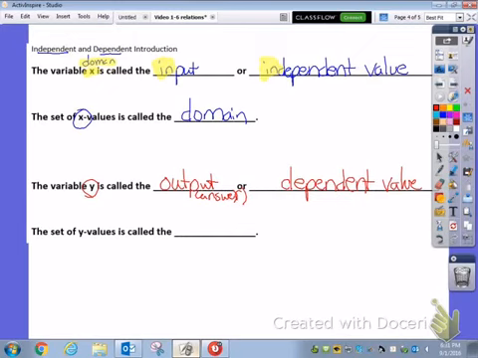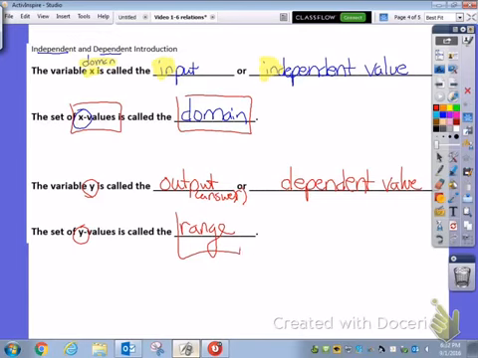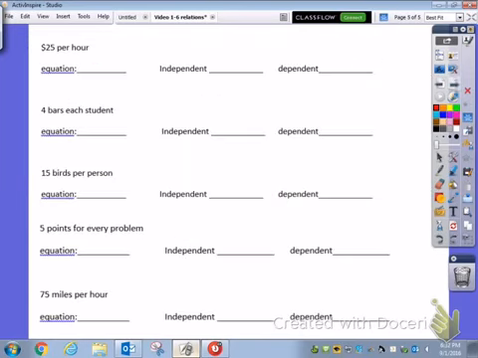So the dependent relies on something before you can determine the answer. The set of y values is called the range. Okay? It's called the range. Now, this is very basic knowledge that you've got to know. You've got to know domain is the x values. You've got to know range is the y values. Okay? So let's look at a couple of examples.